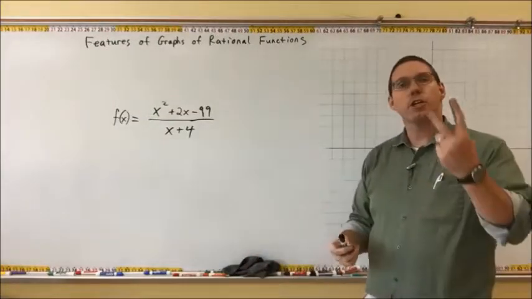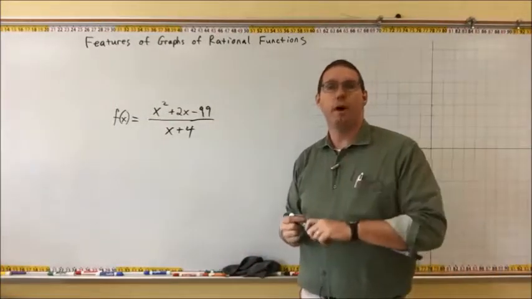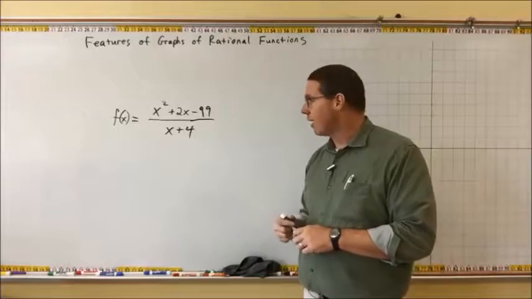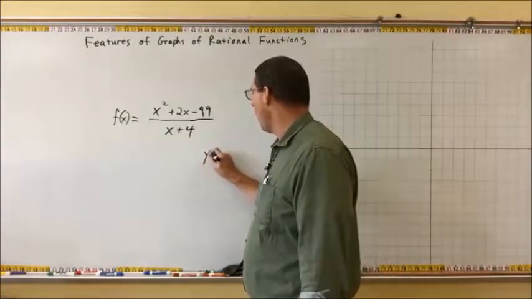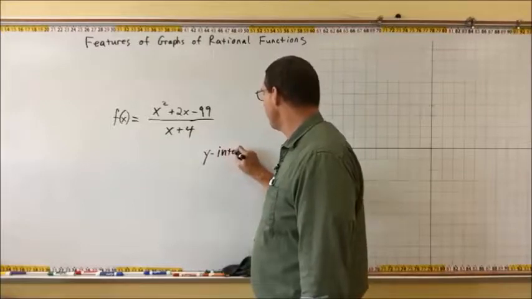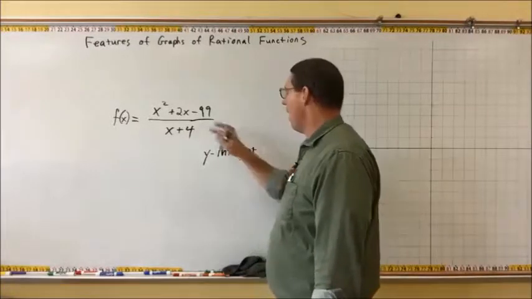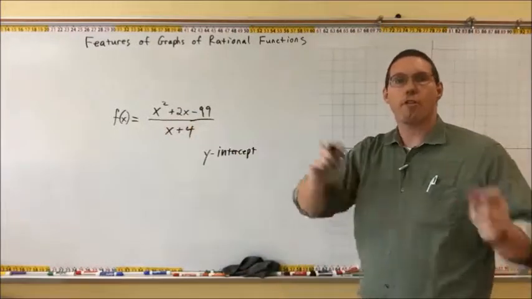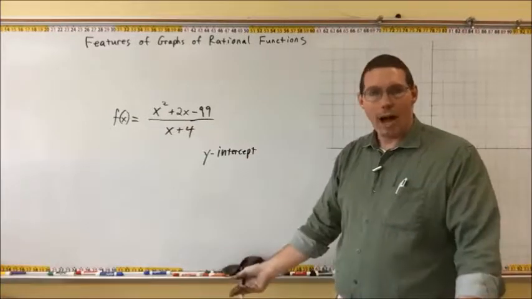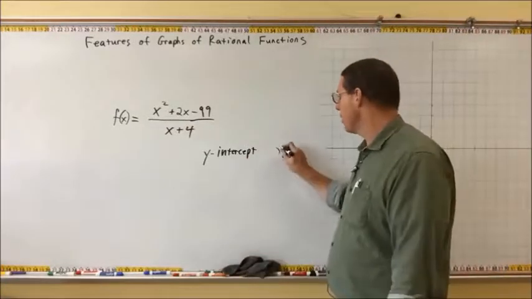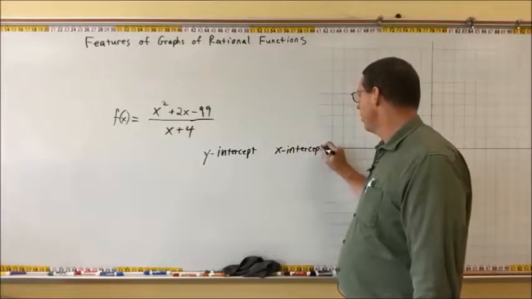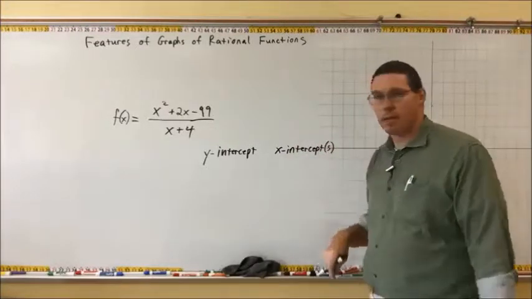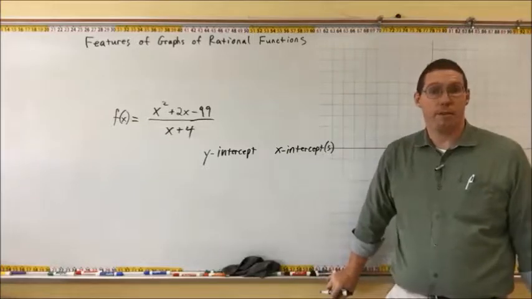This video, I'm only going to teach you how to identify 2 of the features of a rational function. I am going to show you how to identify the y-intercept. That's where the graph of this function crosses over the y-axis. And we're also going to identify the x-intercept(s), meaning there could be more than one x-intercept.